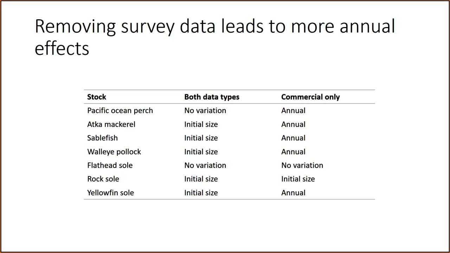But the other way possibly to deal with that would be, if you're using just survey data, could you incorporate a random effect in the model that would allow for some random variation in, say, the initial age at selectivity? Because if you start chopping things off at some age group and discarding all that, you might be discarding a very informative portion of the life history of the animal.